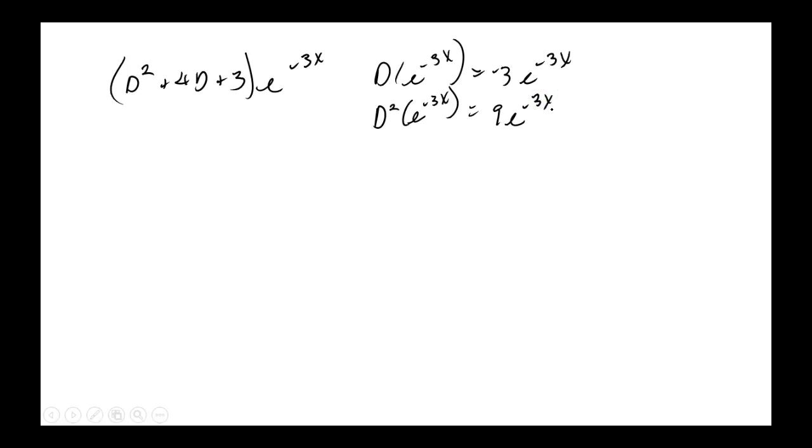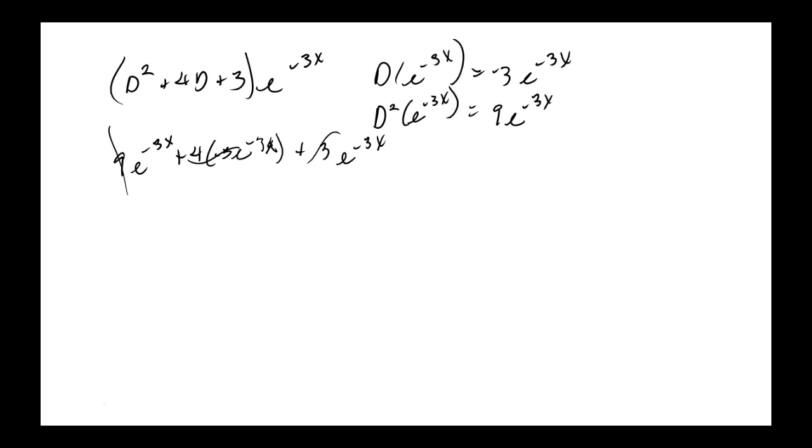Okay? So then we would have 9e to the minus 3x plus 4 times the negative 3e to the minus 3x, plus 3 times e to the minus 3x. Let's see what this gives us. That's obviously 9 minus 12 plus 3. Yeah, that adds to zero.